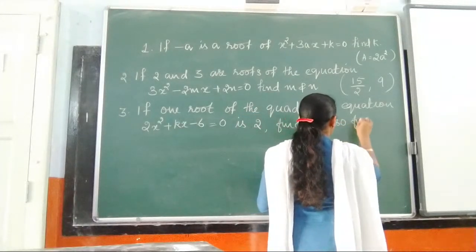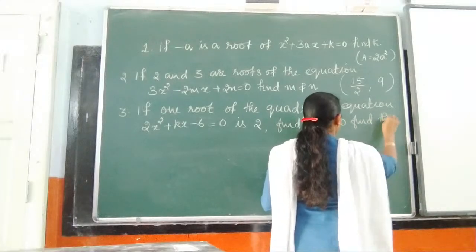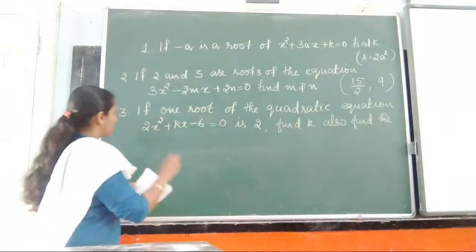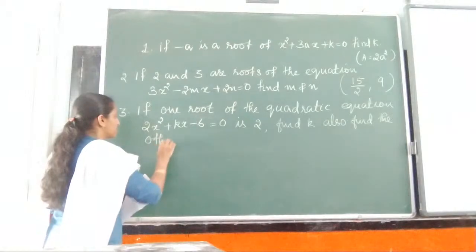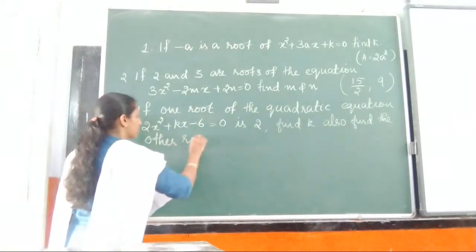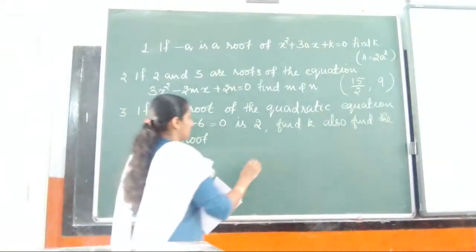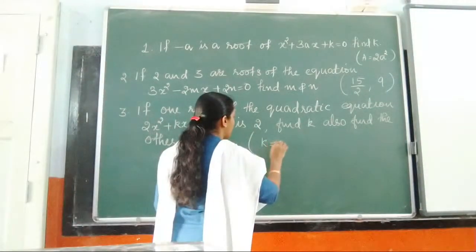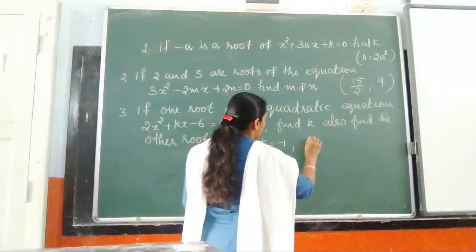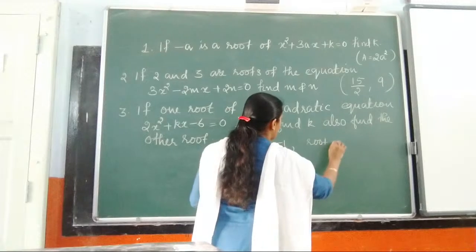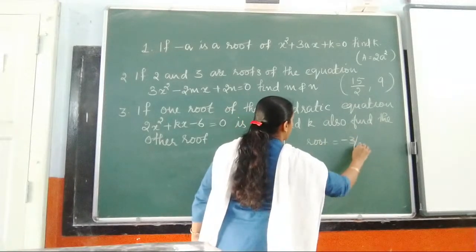So the k value you are getting is k equal to minus 1 and the other root is minus 3 by 2. Okay? Alright.